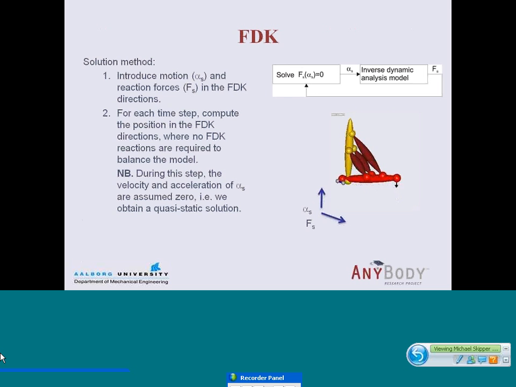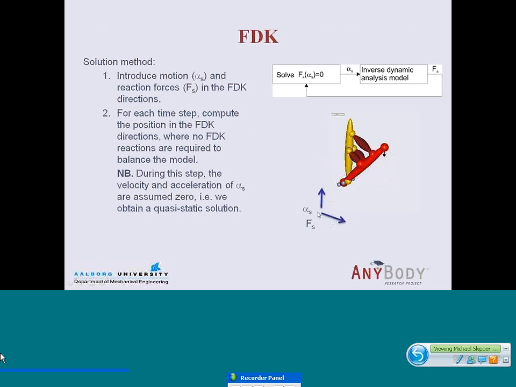I'd like to first tell you about the solution method for solving force-dependent kinematics. The idea is that suppose it's the vertical and the horizontal translation of this joint, and assume it's a planar motion, that we would like to compute in terms of the forces. Then what we do is introduce some extra motion, which I have called alpha S here.